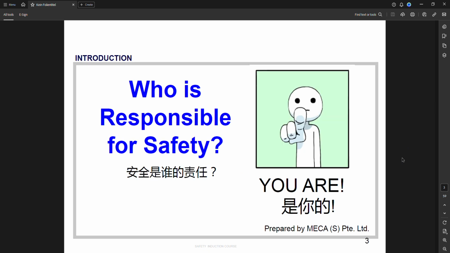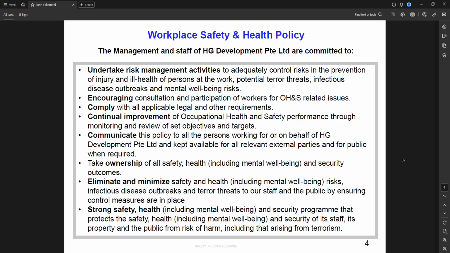Who is responsible for safety? Everyone is responsible for safety, including yourself. Let me show you the WHS policy of HG Development.